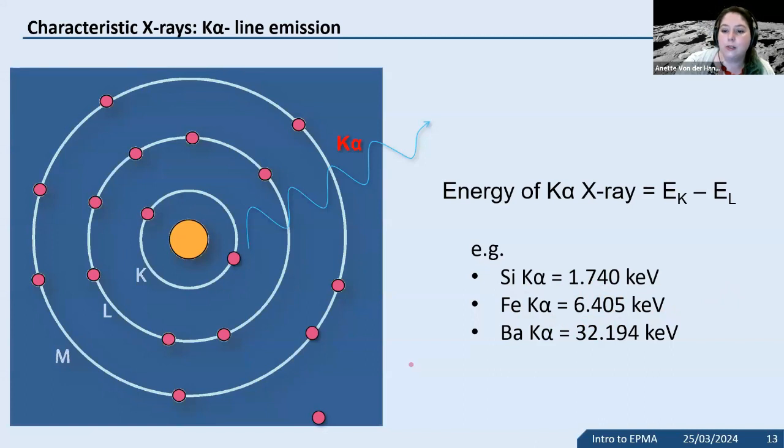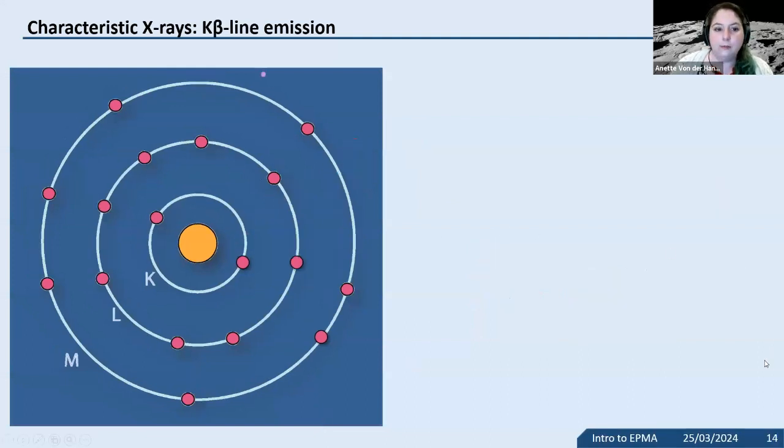You see that the nomenclature that we usually use now always tells us what the emission shell is, so K, and then the alpha tells us what the donor shell was. So in this case, it is one shell over, and so we call it K alpha. Here's another example.